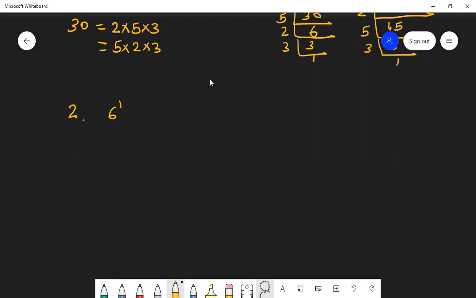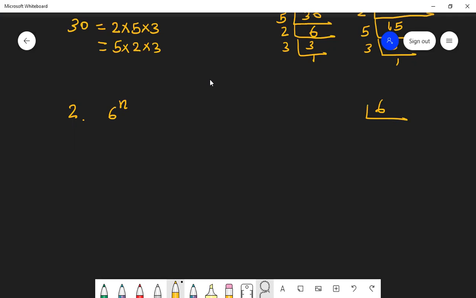If 6 power n is given and you are asked to check whether the value of this number ends with the digit 0, it is easy. First you will find out the prime factorization of the base. What is the base here? 6. So I'm going to find out the prime factorization of this base 6.